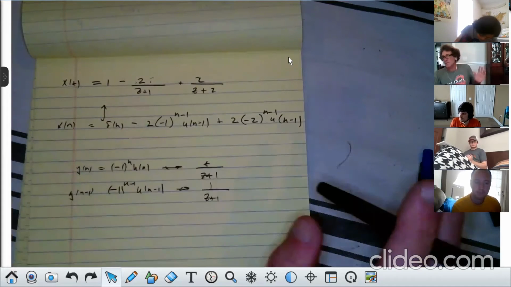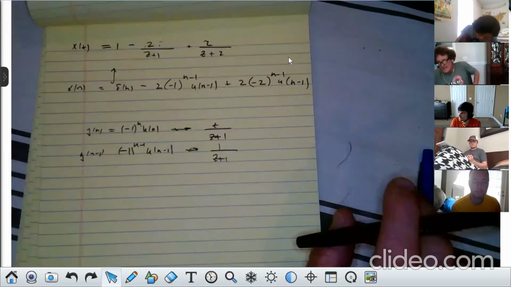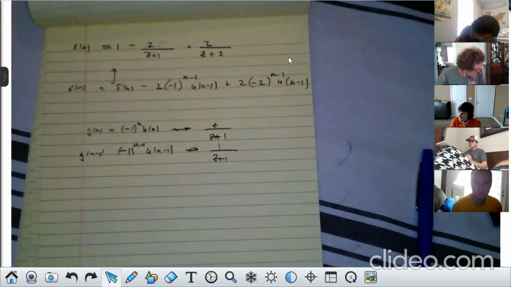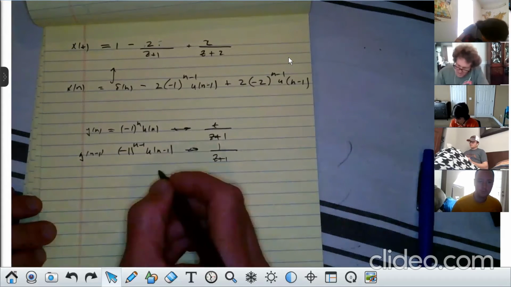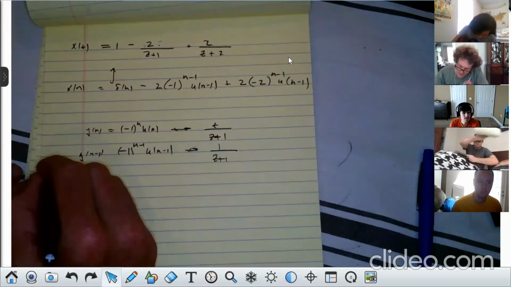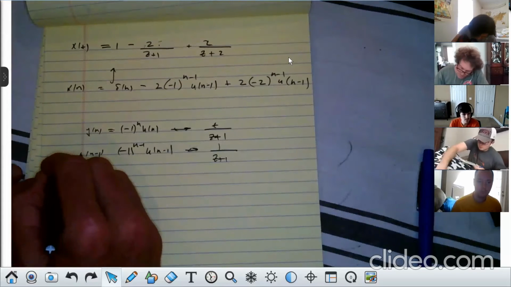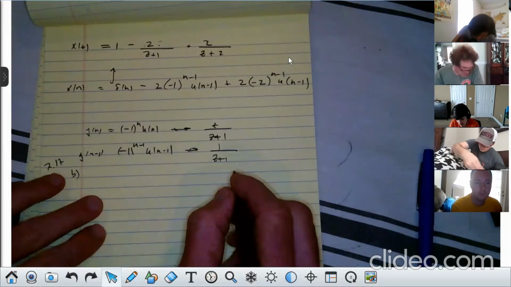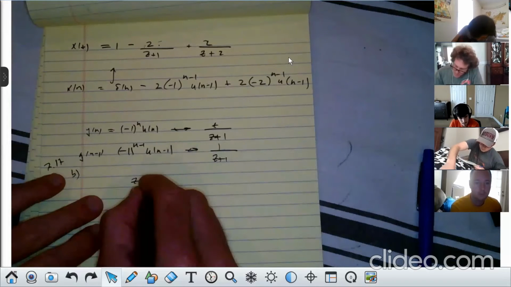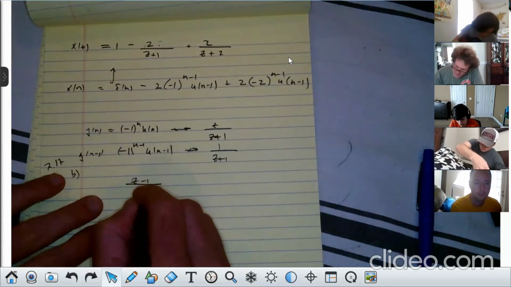Are you good with this, everyone? Yep. Next, let's see here. How would you guys do B? There's a lot of ways. So this is 7.17B. I have z minus 1 over z minus 2.